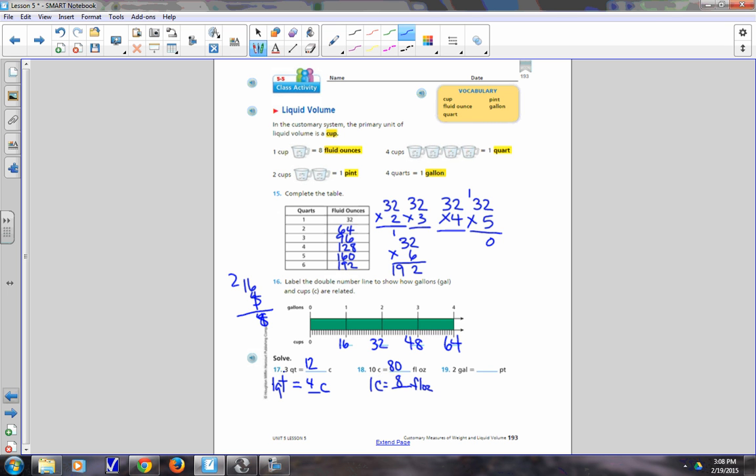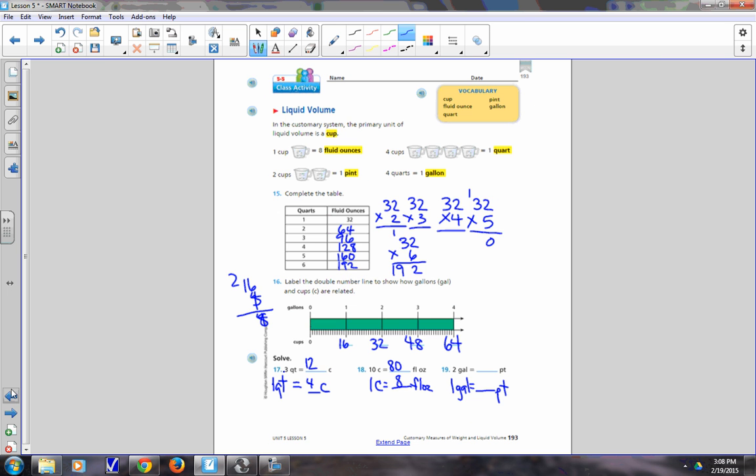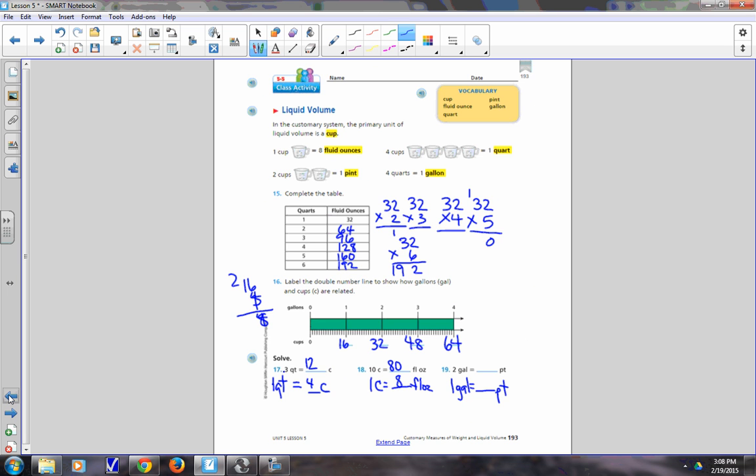If I want to know how many pints there are, I need to know how many pints there are in 1 gallon. Well, I'm going to look at my kingdom. My kingdom says in 1 gallon, there's 1, 2, 3, 4, 5, 6, 7, 8 pints. 8 pints in 1 gallon. So if I want 2 of those, I'm going to multiply 8 by 2 to get 16 pints.